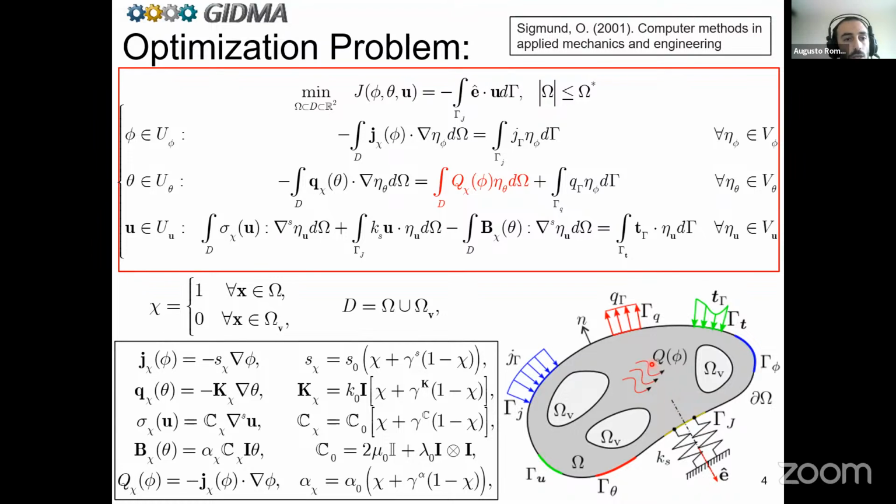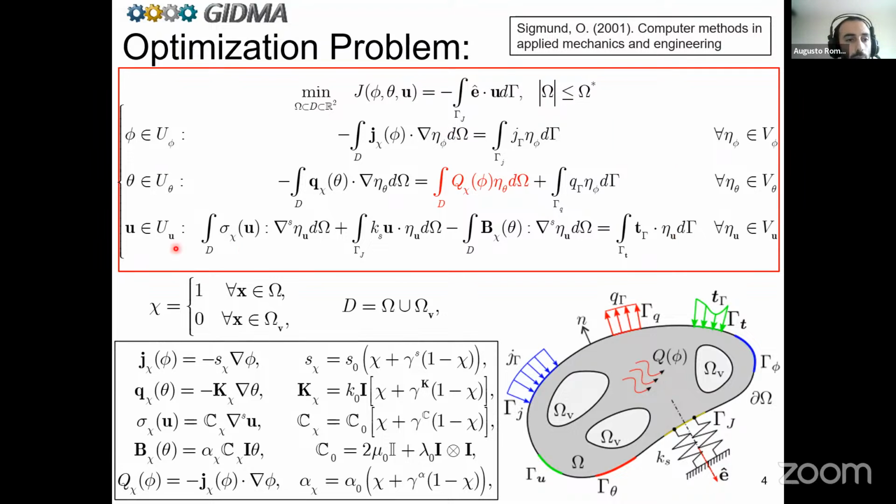So the main objective here is to obtain the optimum topology of this compliant structure such that the displacement of some portion of it gets maximized in a particular direction, employing a given amount of material.